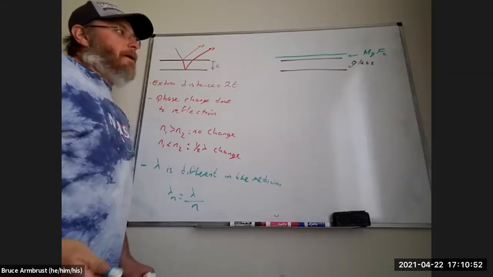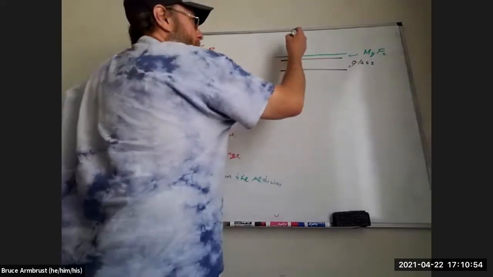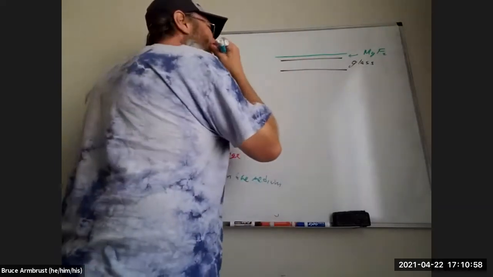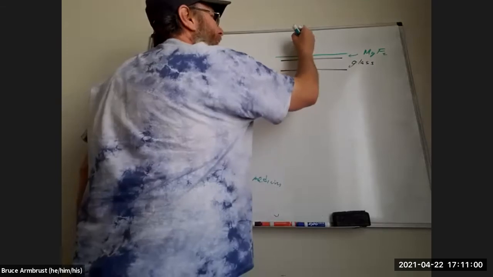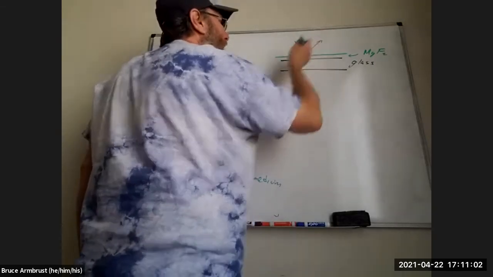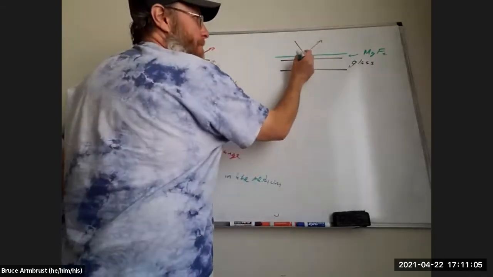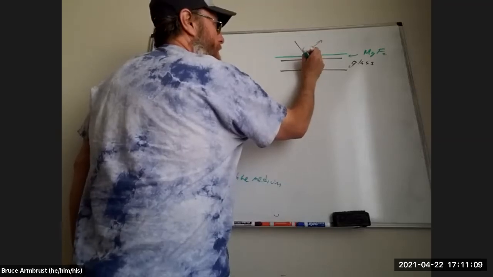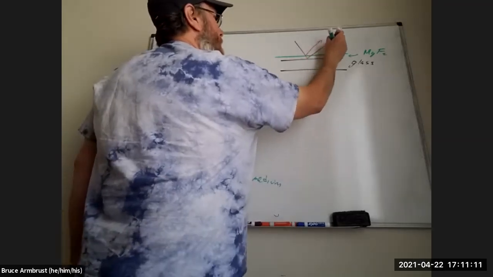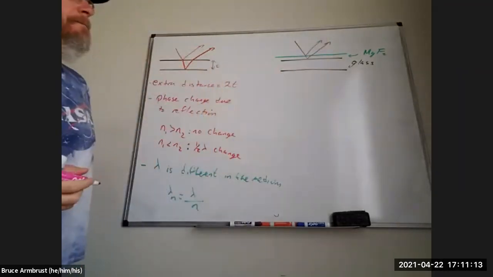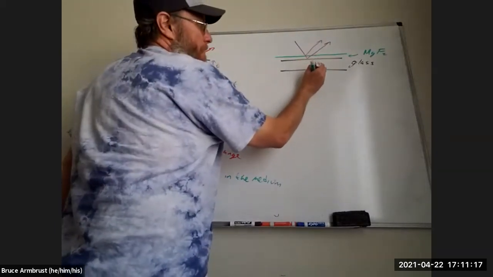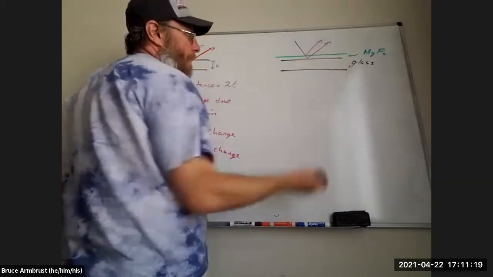Okay, so let's think about what happens with the rays that come in. We have the ray coming in. It's going to reflect off the surface of the magnesium fluoride. Some of that is going to come down, hit the glass, and then reflect. And there will be a third one. It'll also pass through the glass and reflect and come back out.